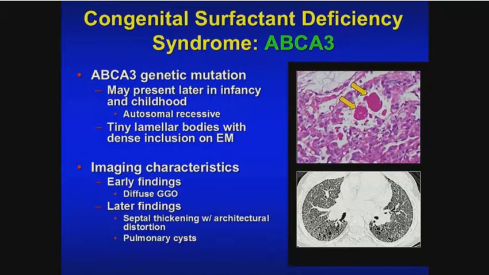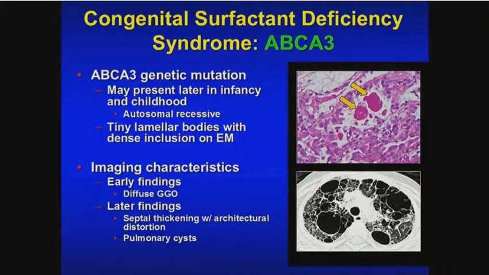Early findings are just like a preterm pediatric patient, such as ground glass opacification and septal thickening. But as they get older, you see multiple cystic changes in the lung, and later it eventually becomes architectural distortion, septal thickening and enlarging cysts. So when you see that in the pediatric population, in the back of your mind you need to think, could this be underlying congenital surfactant deficiency syndrome?